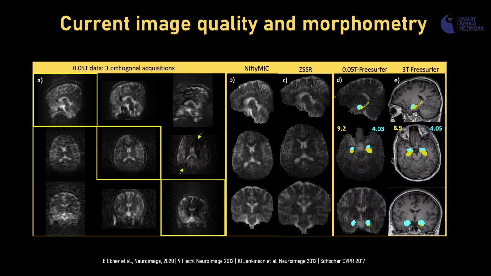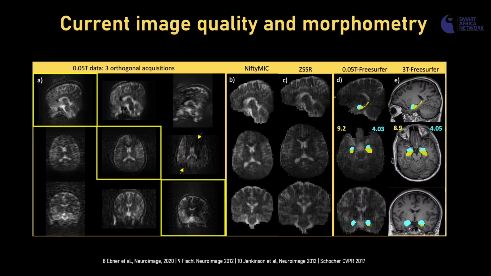Here's where we are with in vivo image quality. On the left hand side, you can see the three orthogonal acquisitions that we perform, with the in-plane acquisition shown in the yellow square. We then pass this through a 3D super resolution reconstruction open source toolbox called Nifty MIC.